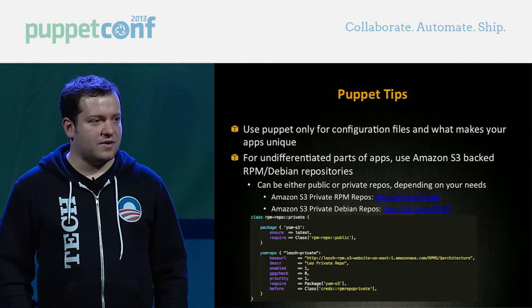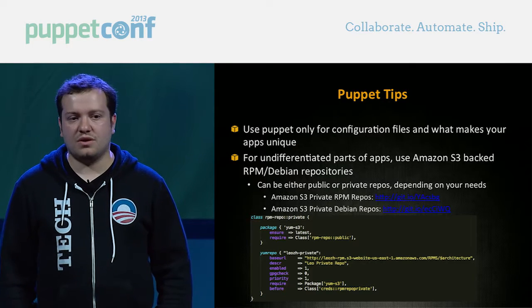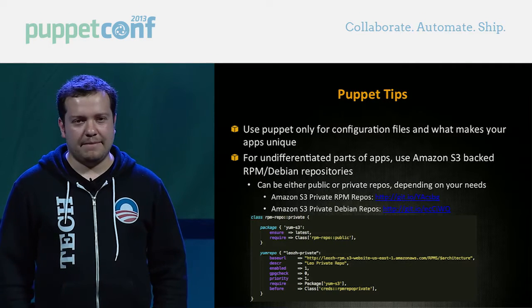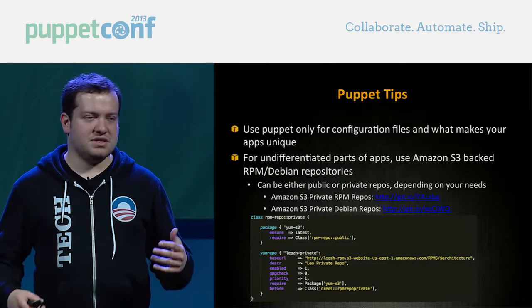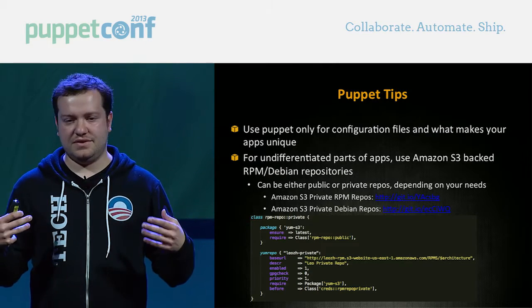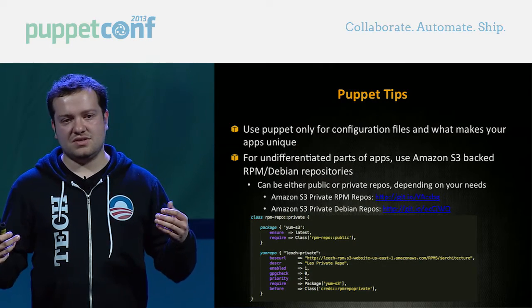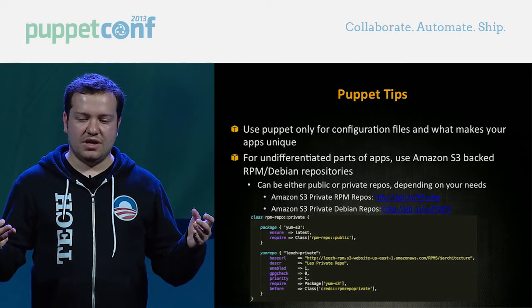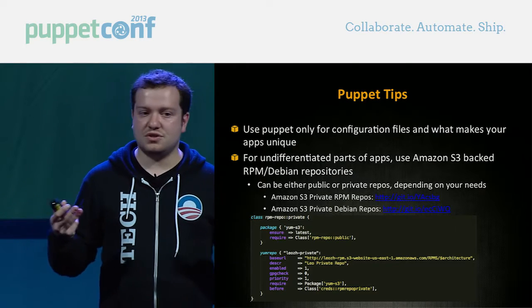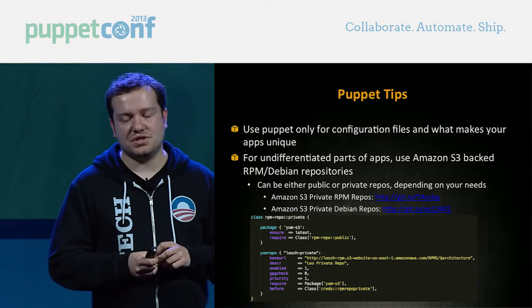What we found worked best for us, we used Puppet for storing config files. We didn't store any kind of big files on it, right? Basically, for things that are unique about that app or on that instance, that's what you want to store in Puppet. If it's undifferentiated, though, just use an RPM package or a Debian package.